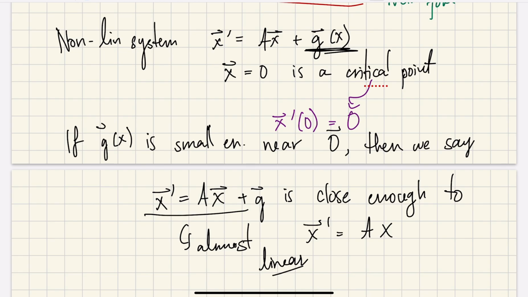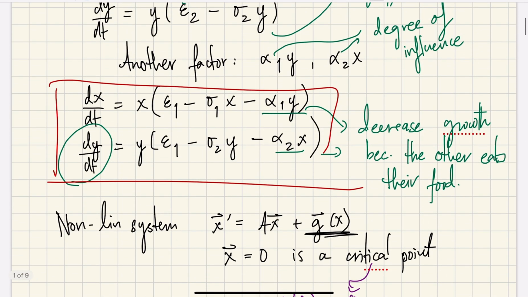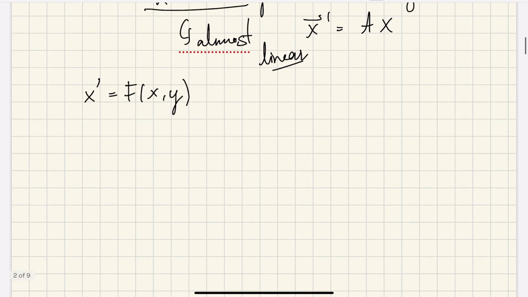Now, take a general system for our population problem. We're going back to our population problem, which was x prime is equal to f of x and y. I'm just describing this whole thing as a function of x and y. And we'll let y prime be g of x and y.